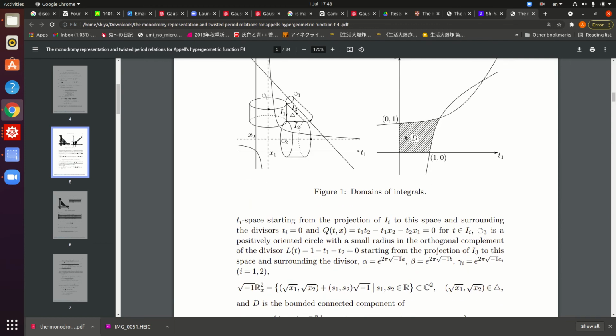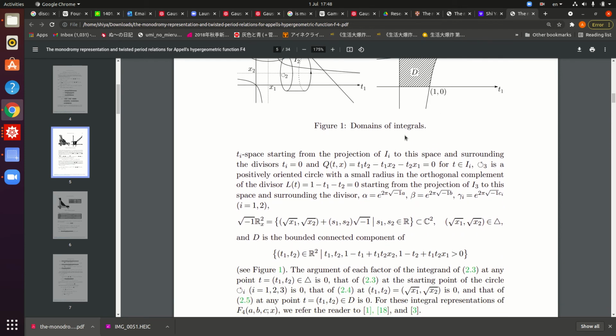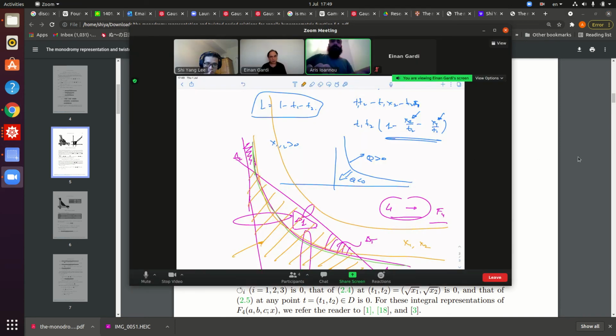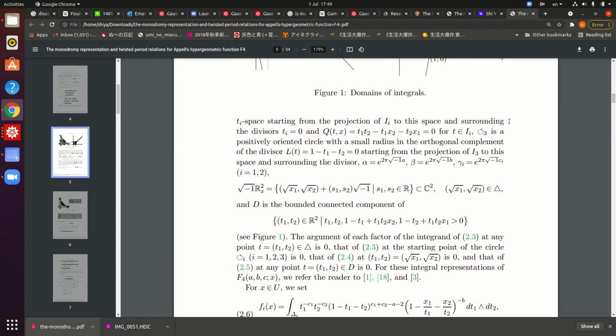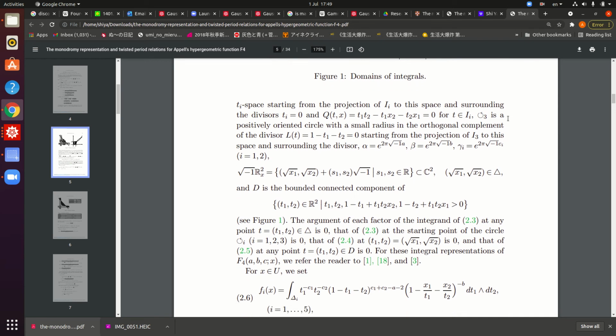In the middle of the page, it says D is the bounded connected component. Right. That's true.